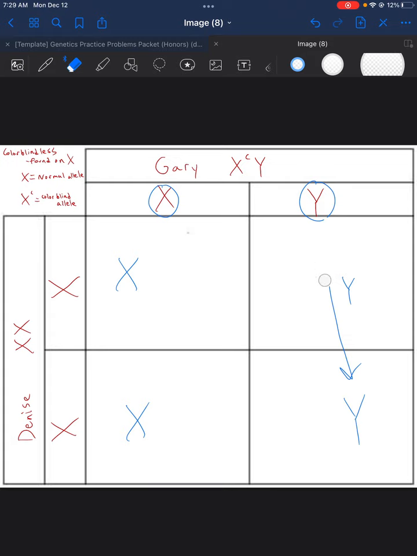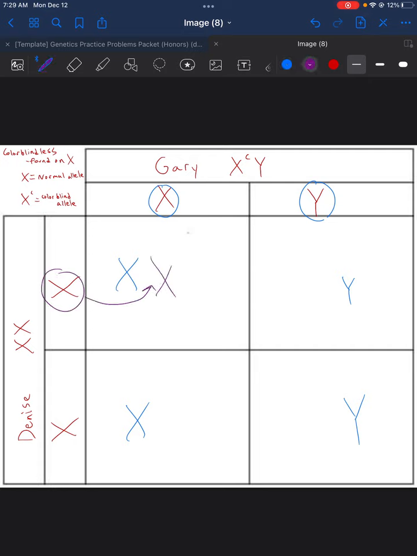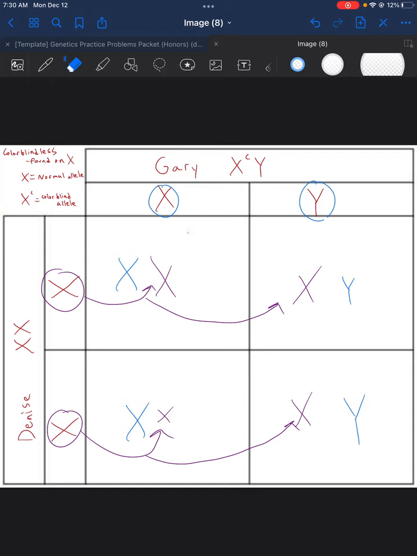And for Denise's chromosomes, X as well as X, and X as well as X. So it's the same thing that you would be doing with a normal Punnett square.